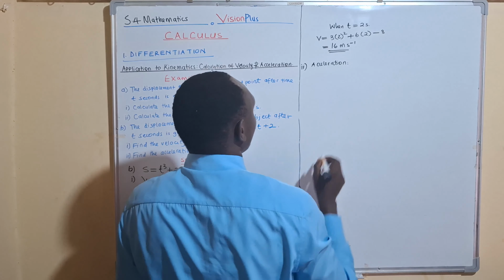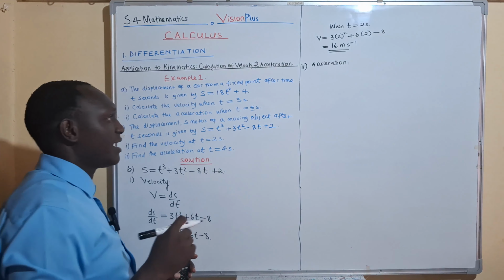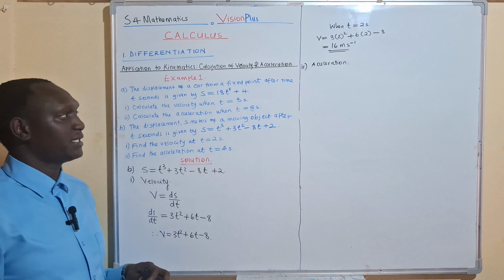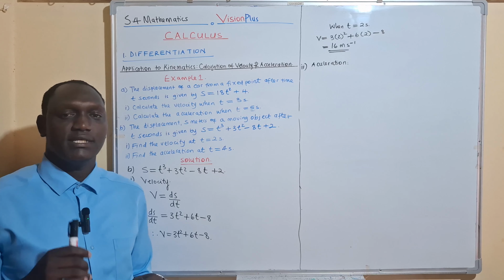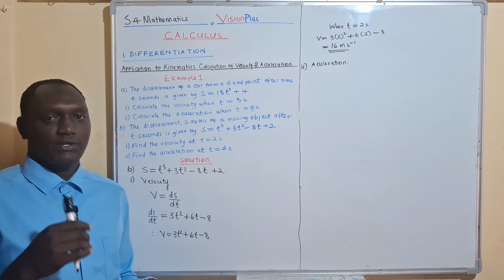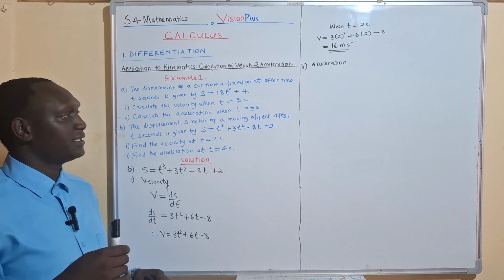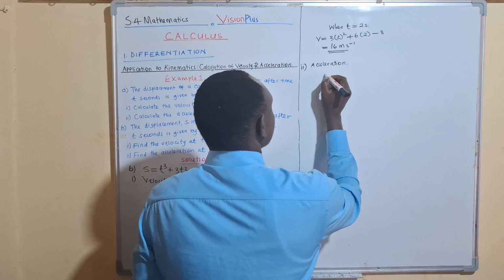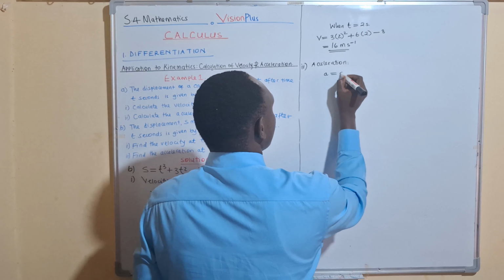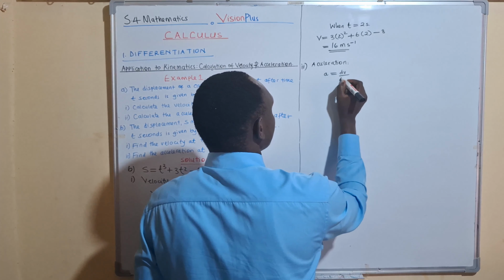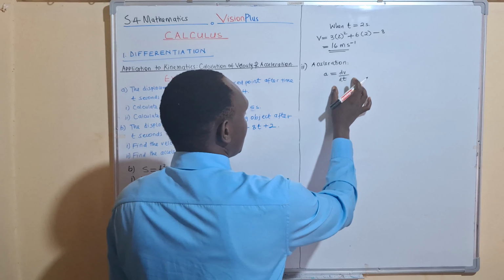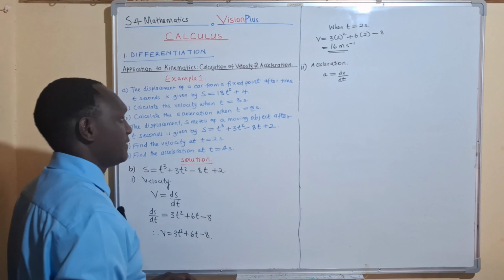Now, before you proceed, define acceleration to guide you in mathematical representation. Acceleration is the rate of change of velocity. Okay, it is the rate of change of velocity. That means acceleration equals dv/dt. dv/dt is the rate of change of velocity.